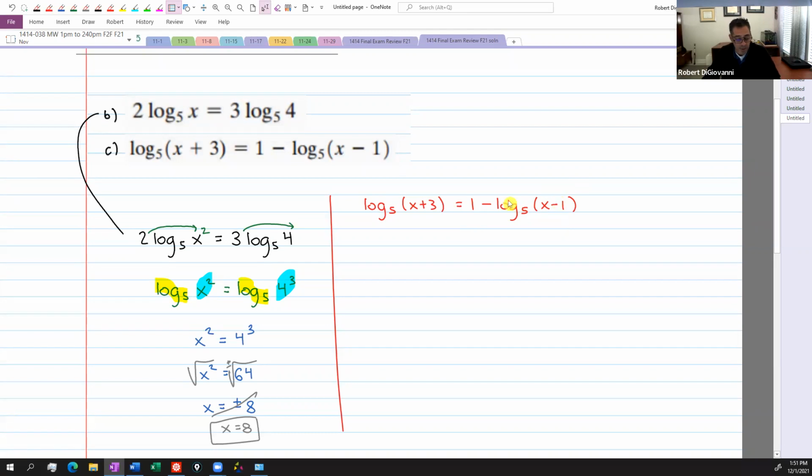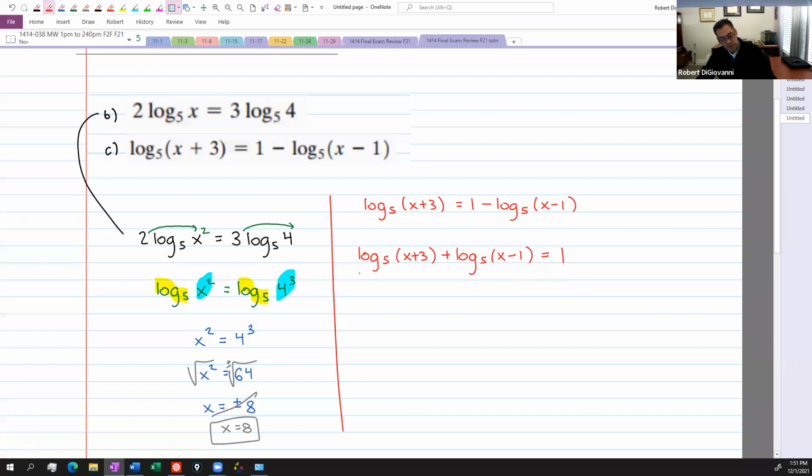So I'm going to bring all the logs to one side first. The negative log on the right side, when I add it to both sides, turns into a positive log base 5 of x minus 1.